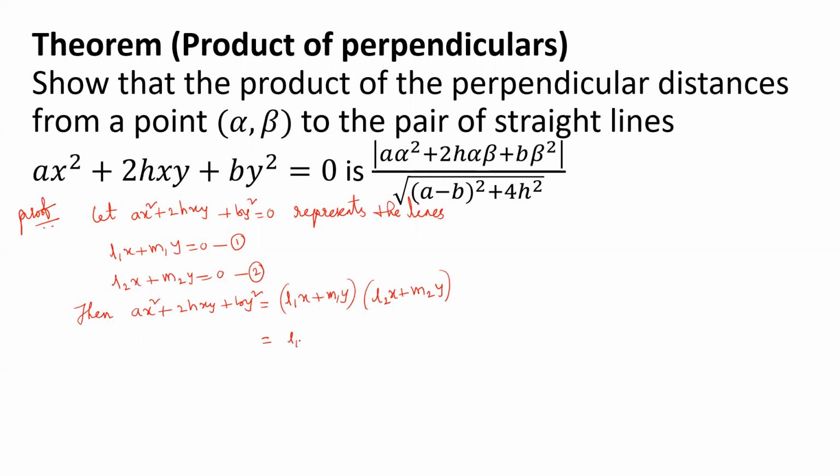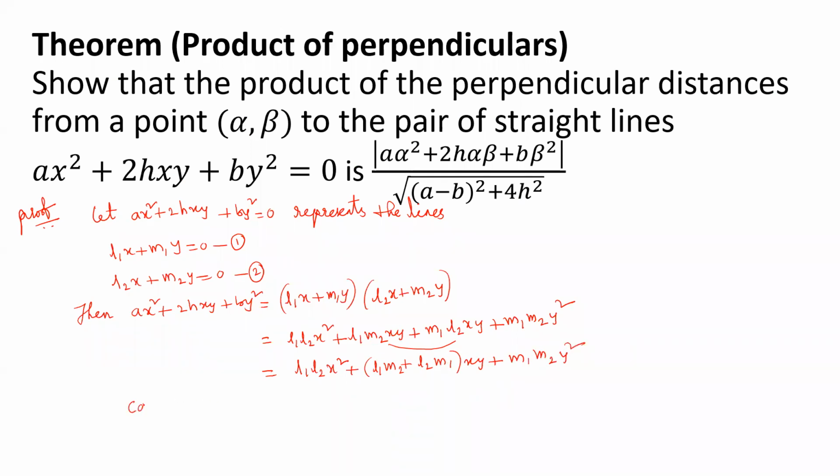L1x into L2x, L1 L2 x square; L1x into M2y, L1 M2 xy; M1y into L2x, M1 L2 xy; M1y into M2y, M1 M2 y square. L1 L2 x square. In the middle two terms, xy is common. The remaining terms are L1 M2 plus L2 M1, plus the last term as it is.